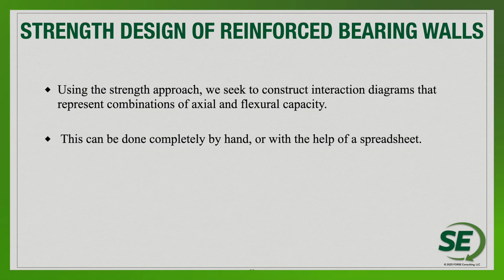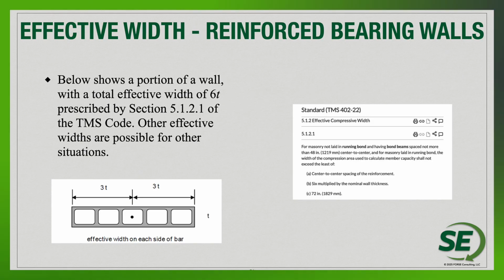Really important to remember that when we look at the overall capacity sections, for the reinforcement that we utilize within masonry walls, we have a 6T, or 3T to each side of the reinforcing bar, as the maximum effective width that you can utilize for the capacity of, say, the compression block that you would use in combination with the tensile force that you would be able to justify for the reinforcement.